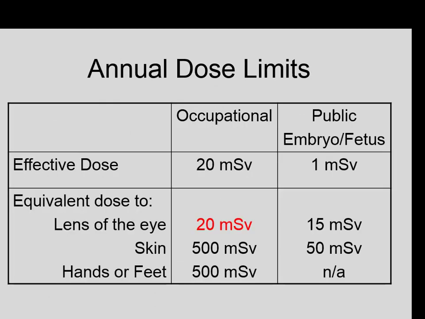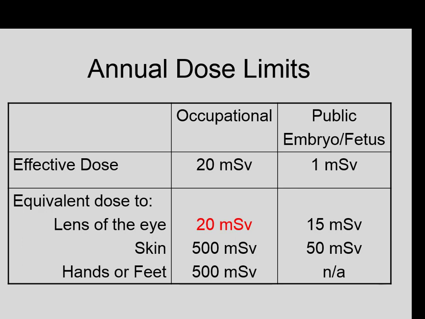Dose limits have been set for annual exposure to radiation that consider the risk of radiation exposure versus the benefit that's expected to accrue because of that radiation exposure. These dose limits are defined in terms of effective dose, so whole body exposure to a person, and equivalent dose to certain organs of the body.